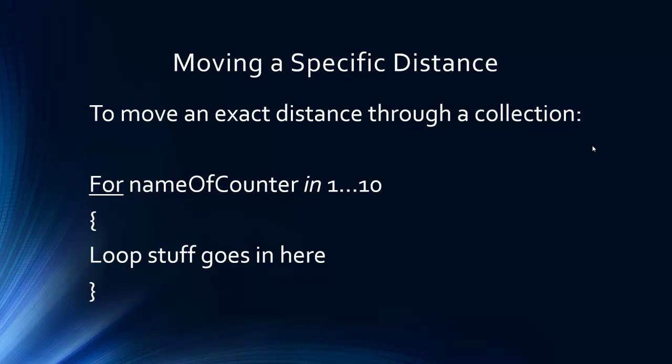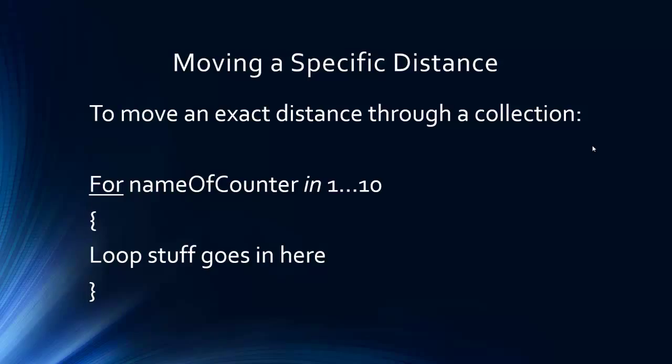Now with Swift, you can also move a specific distance. You can do it the traditional way that we'll talk about in just a minute, or you can do it the new Swift way. The new Swift way is to put 3 dots and then put your first and last number on both sides.